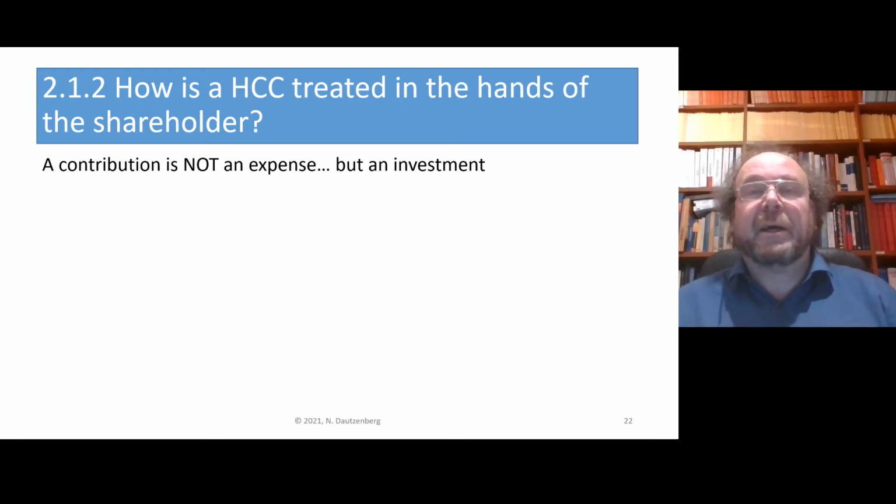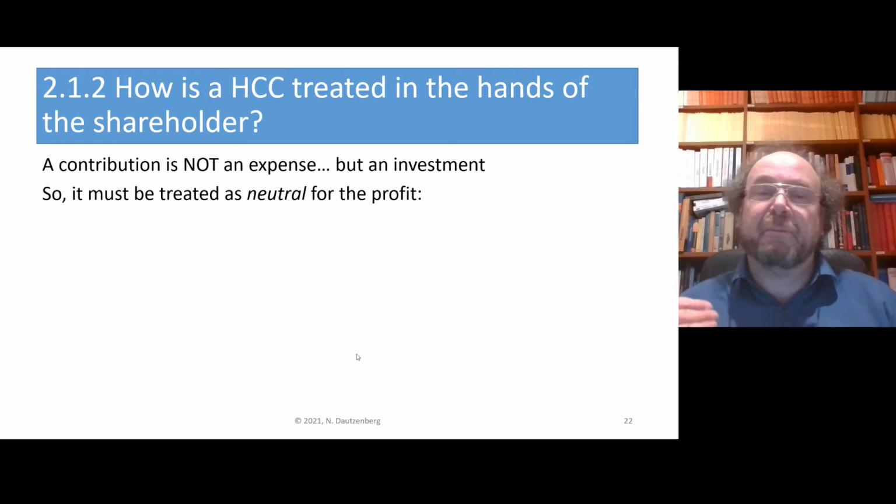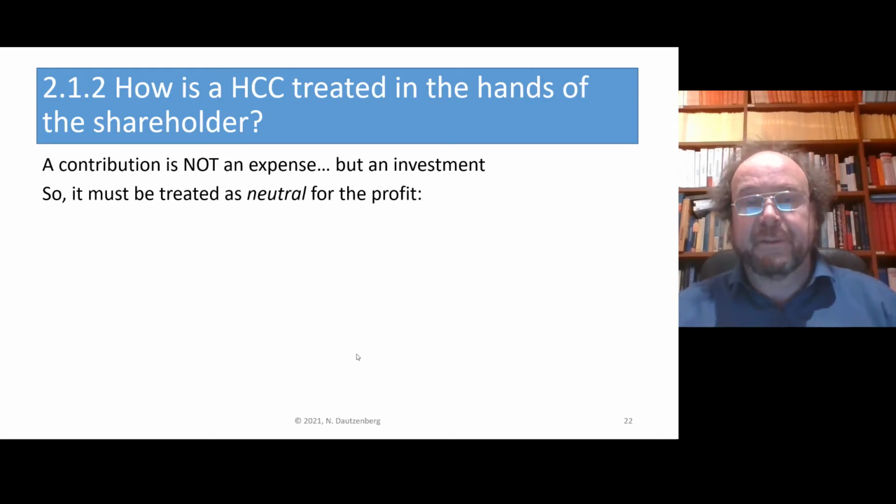So it's simply a contribution. And a contribution is an investment. It does not make you poorer. So it is not an expense. So it may not be treated as an expense on the level of the shareholder. If you, for example, buy shares for 400,000, this is just not an expense, it's an investment.